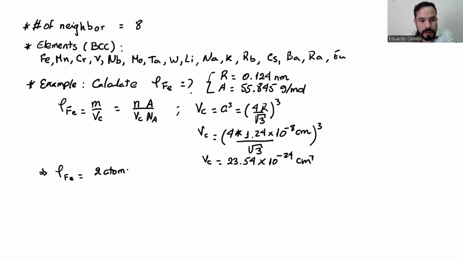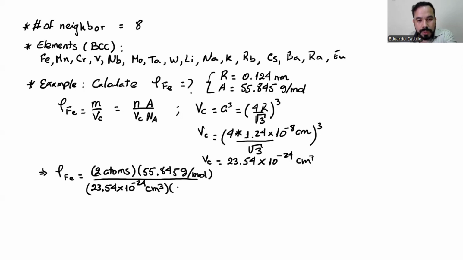So we have 2 atoms times the atomic weight, which is 55.845 grams per mole, over the volume of the cell, which is 23.54 times 10 to the minus 24 cubic centimeters, times the Avogadro's number, that is 6.022 times 10 to the 23 atoms per mole, to finally have the density of iron equal to 7.882 grams per cubic centimeter.